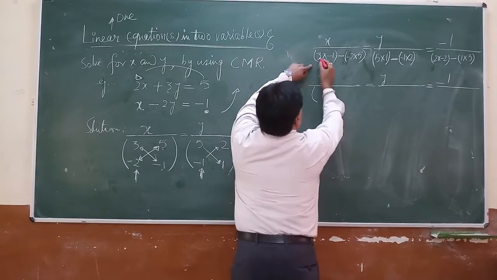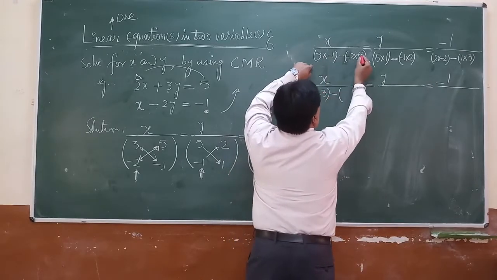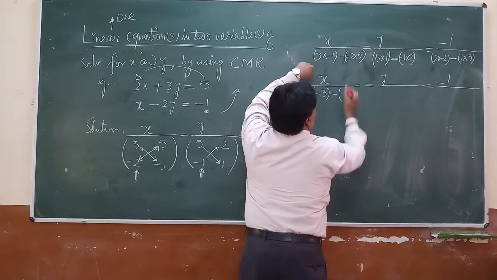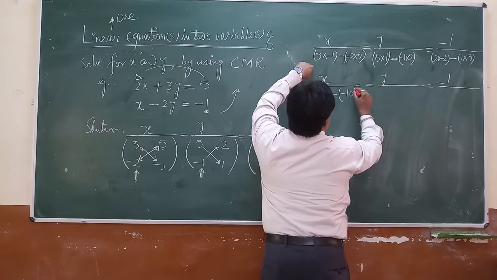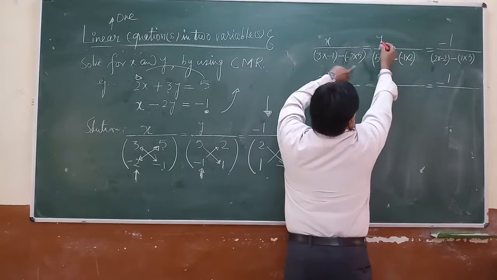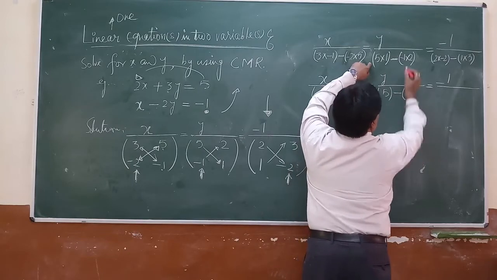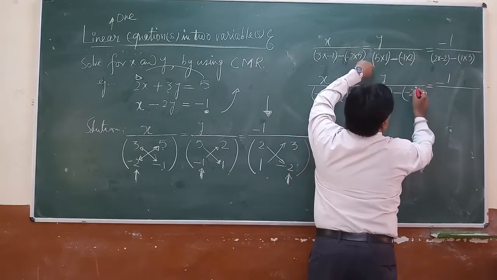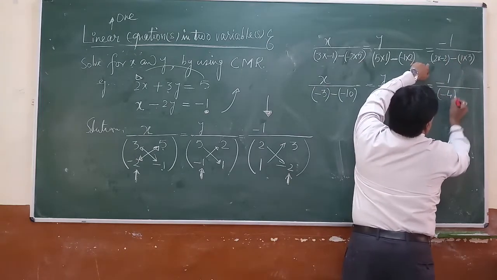This is your 3 into minus 1 is minus 3. Keep in bracket. Minus 2 into 5 is minus 10. Is equal to y. This is 5 into 1, 5, minus 1 into 2. Minus 2. This is minus 1 over 4 into minus 2 is minus 4.